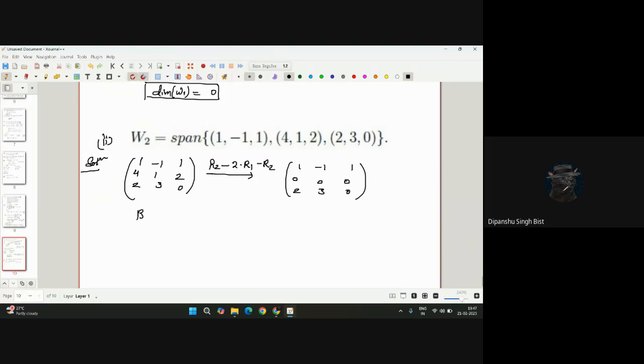So the basis is 1, minus 1, 1 and then 2, 3, 0. These are independent; you can't represent 2, 3, 0 as a linear combination of the other. So the dimension of W2 is going to be 2 because the basis contains 2 elements.